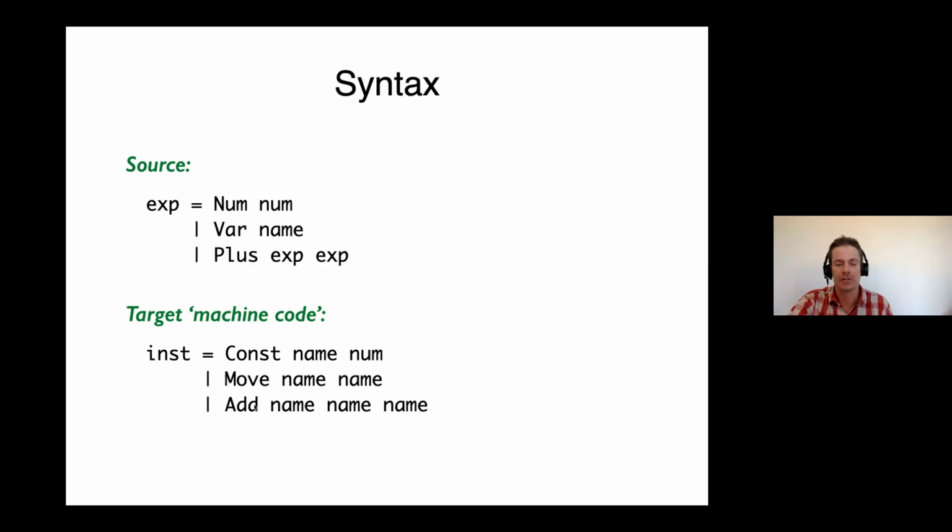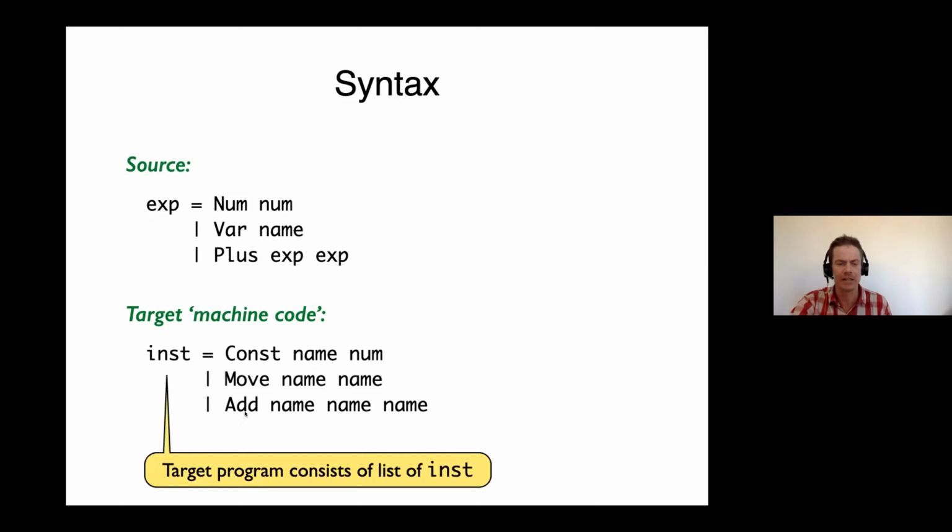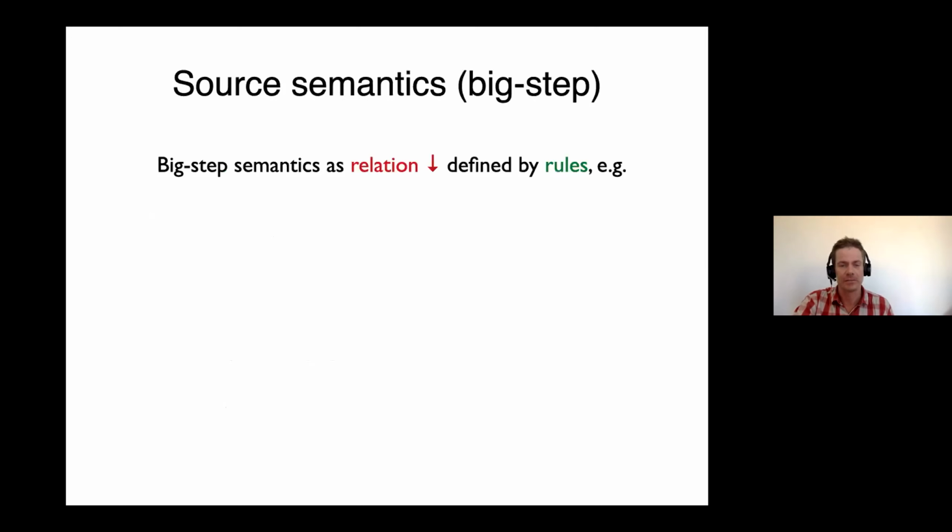And you have an add instruction that, given two register names, can add them and store the result in a third register name. The idea here is that a source program is an expression, and a target program consists of a list of these instructions: const, move, and add. So that's the syntax.